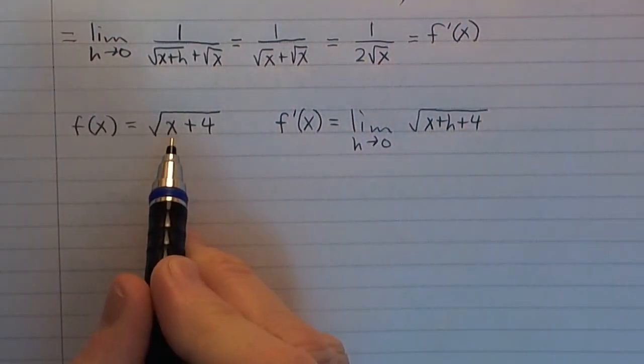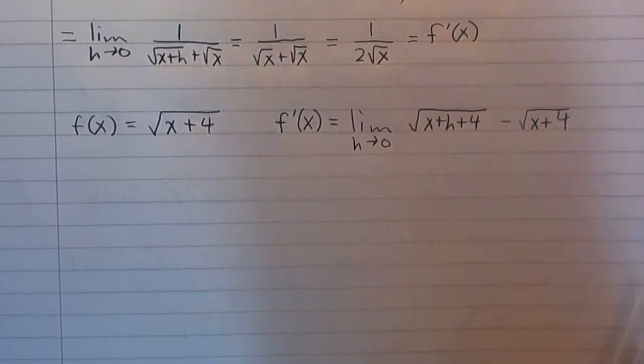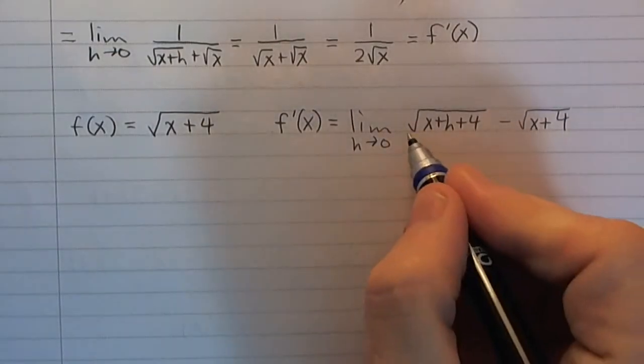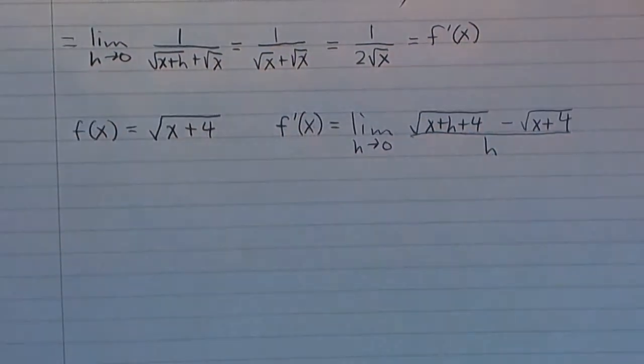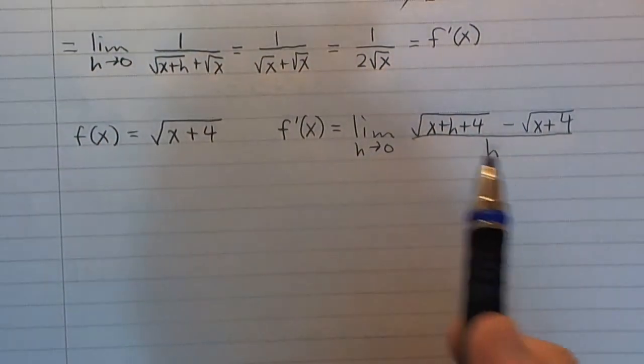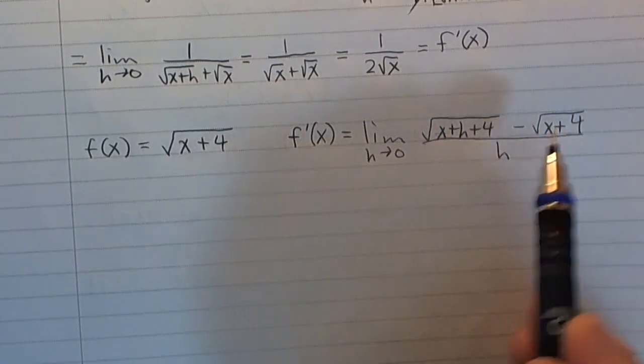Notice I'm just putting an x plus h in place of x, minus the square root of x plus 4, all over h. This is f of x plus h here, and this is f of x here.